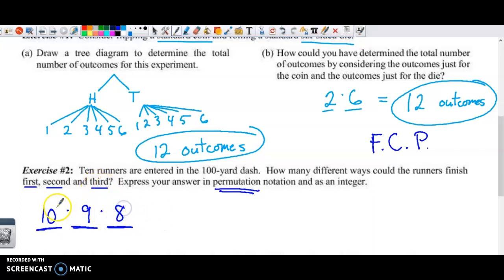8. But the reason why this is a permutation is because the order matters. Getting first is different than getting second. And getting second is different than getting third. So we would set this up as 10, because there's 10 runners, permutation 3, because there's 3 positions, first, second, and third.